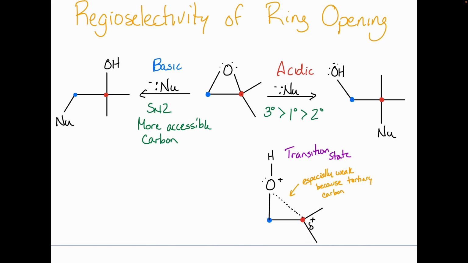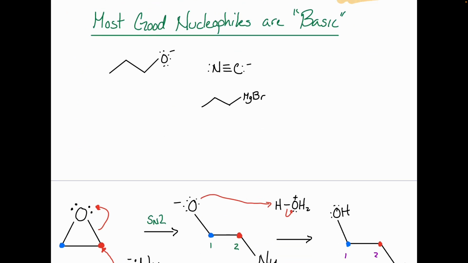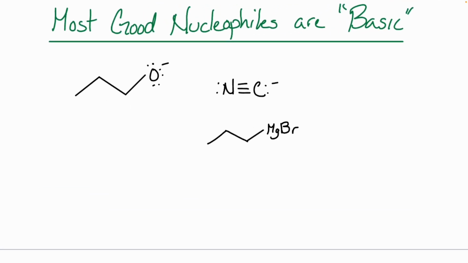Okay? All right, so we're going to switch gears here and start talking about these last two functional groups, thiols and sulfides. One thing that we can note here: when we made our list of good basic conditions nucleophiles, anything with a negative charge, one of the things that we could have included here is a deprotonated thiol, a sulfur with a negative charge.